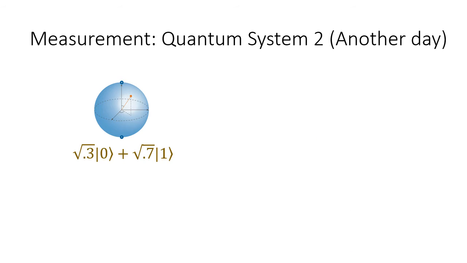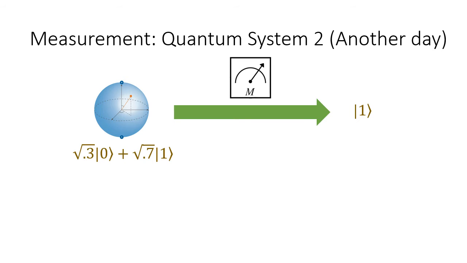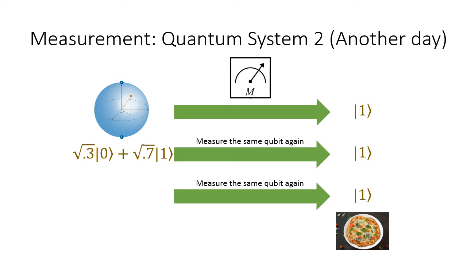Bob made his preference on rice again on the next day. So Alice performed a measurement again. This time Alice measures the state 1. And then she measures multiple times and also observed the state 1. Therefore, Alice prepared pizza for that day.